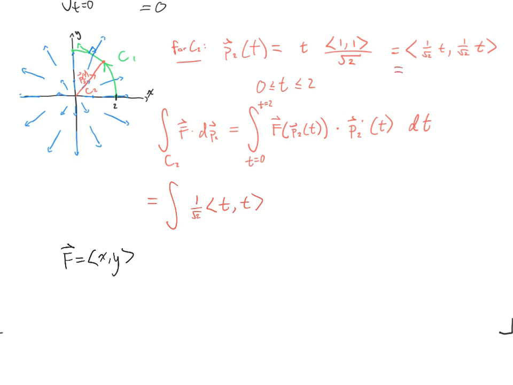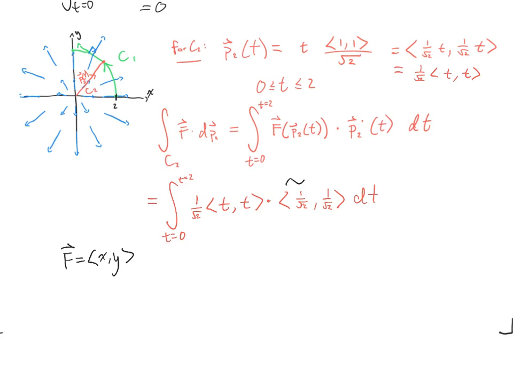That's just another way of writing P2 of t, right? So this is going from t equals 0 to t equals 2. It's t comma t dot P prime, which is 1 over root 2, 1 over root 2 dt.